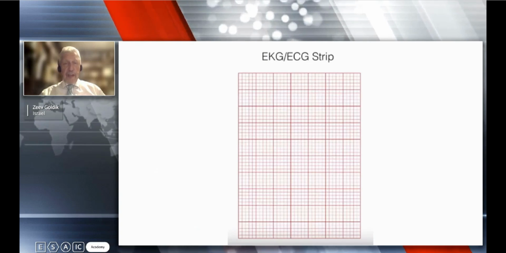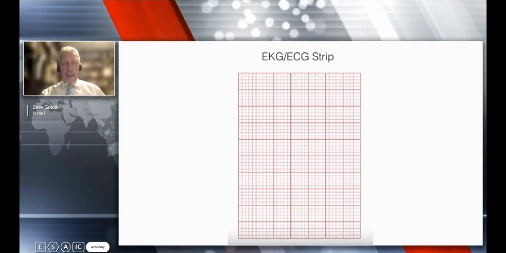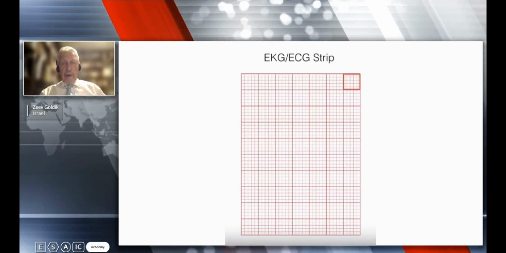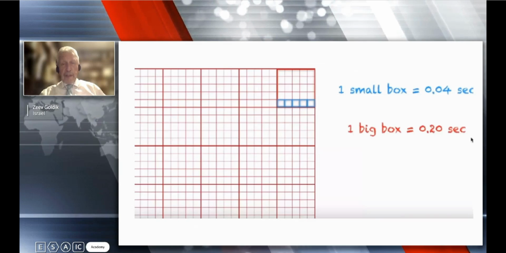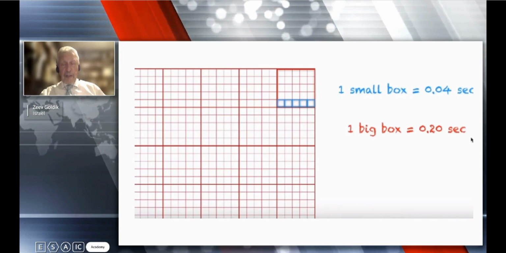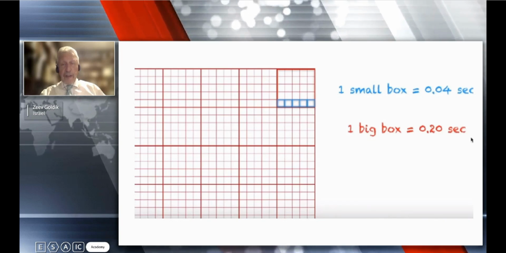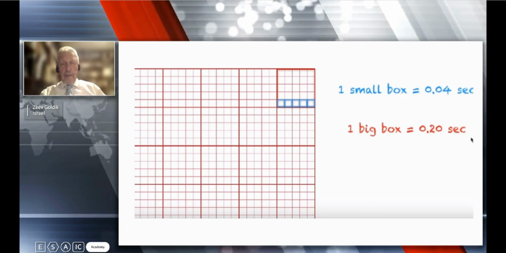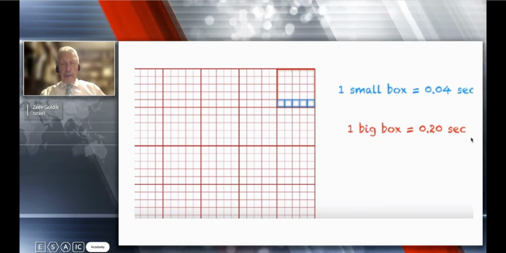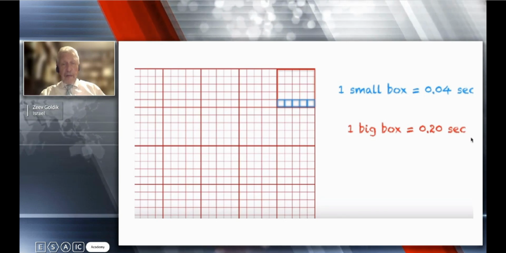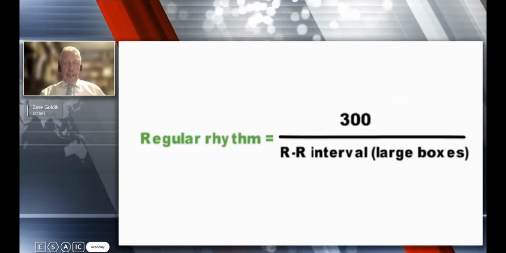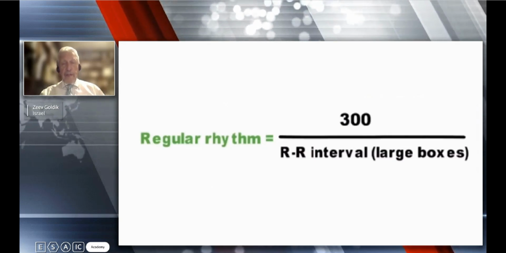For this, we have at the ECG the big boxes and the little boxes. One big box contains a duration of 0.2 seconds, and each one of the 5 small boxes inside the big box is 0.04 seconds. So using these boxes, we can calculate the rate of this patient.